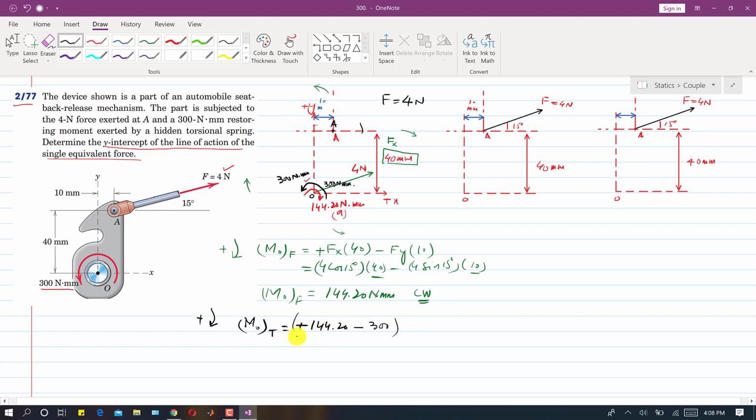And this will give us the total moment at O. This is minus 155.8 Newton mm, and since this is negative, this means that this direction is counterclockwise, right?